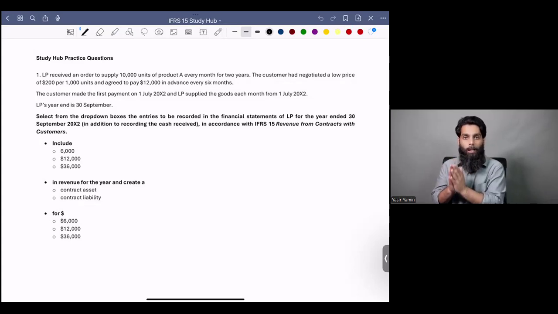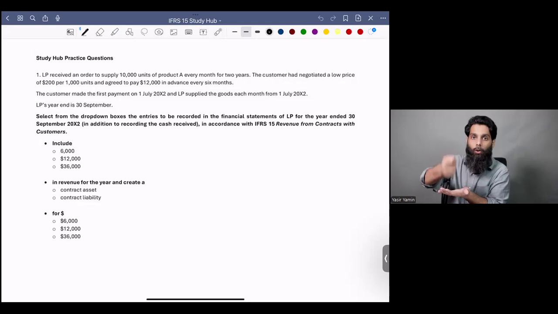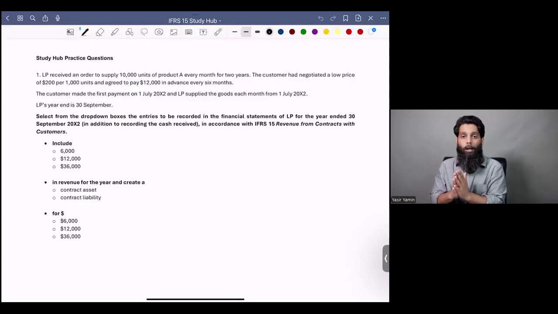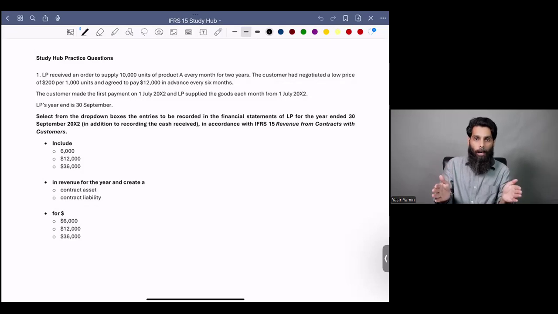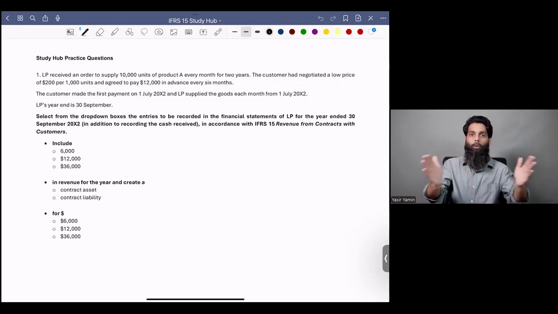Either a performance obligation could be satisfied at a point in time, that is, for example, you transfer a good to your customer and that is when you fulfill your promise, you recognize revenue at that time. Or there could be a long-term contract where you satisfy your performance obligation not at a point in time, but over time.